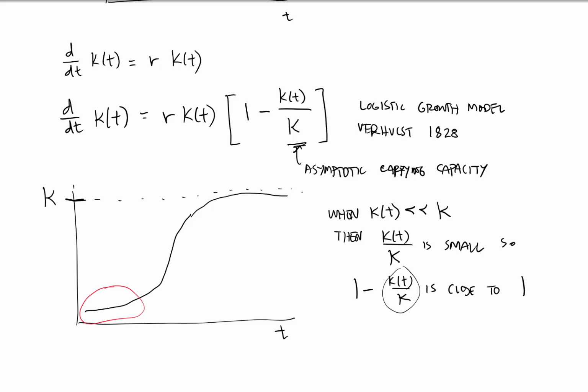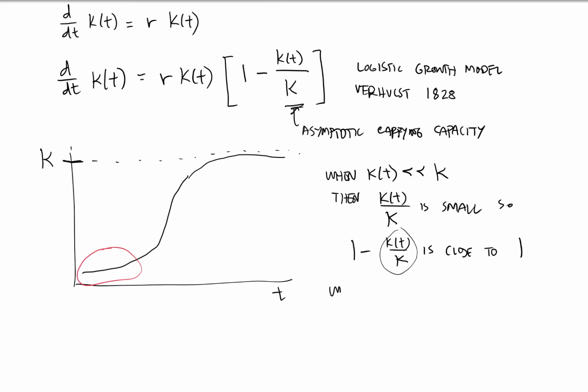This thing is small, so this whole thing is close to 1. So when I multiply our r k of t by 1 minus k of t over K, this thing is almost 1, and it looks almost like it's exponential.